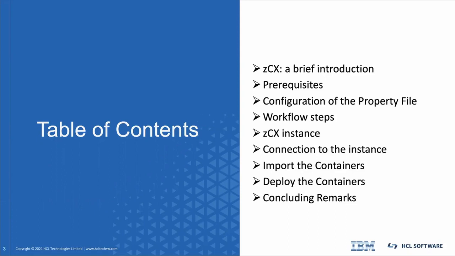You will see that most of the presentation is about configuring a zCX instance. Once you have that, deploying the workload automation container is very straightforward. So that gives you an idea of how easy that can be.